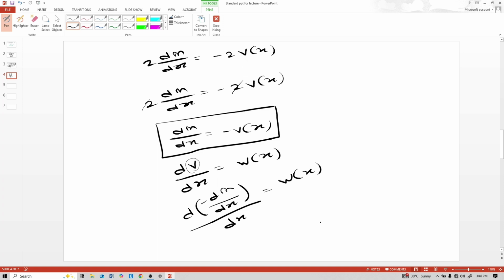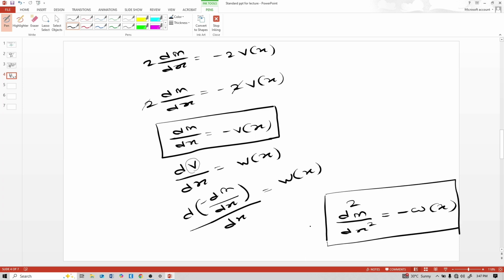So this value is like this: d square m by dx square is equal to minus w of x.